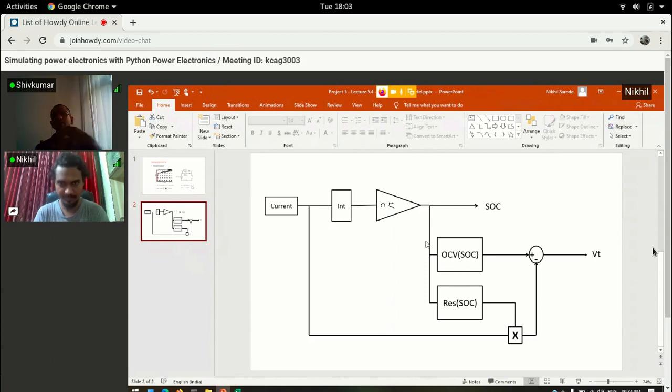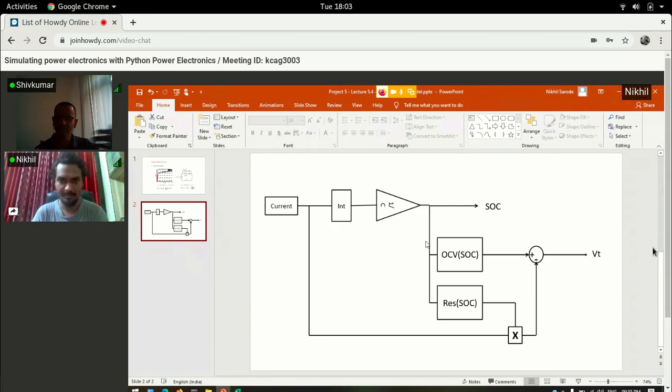Basically, assuming the battery is supplying current, say that direction is positive, if the current flows in that direction, the battery is discharging. As the current is being supplied, charge is being depleted from the cell with respect to the initial charge.